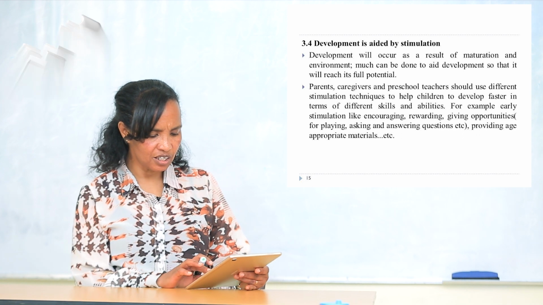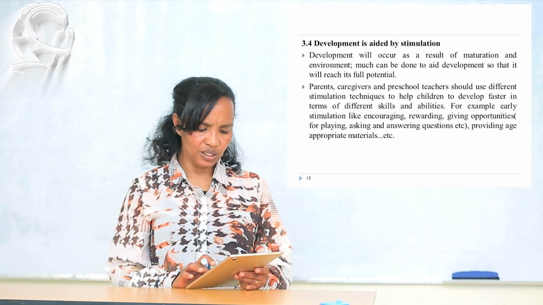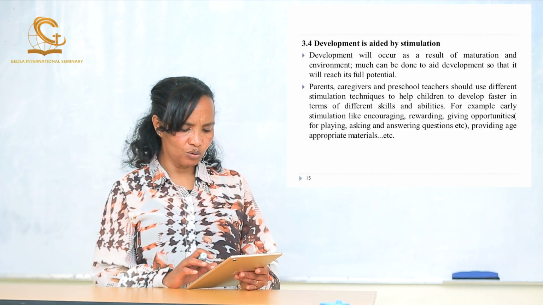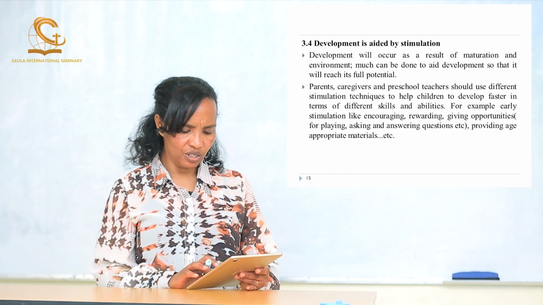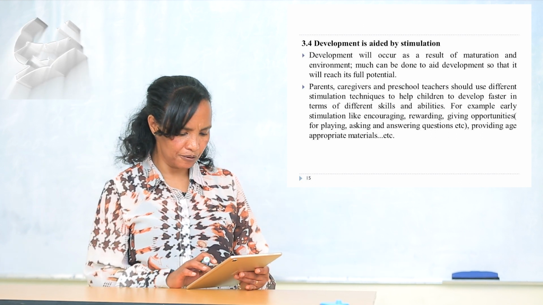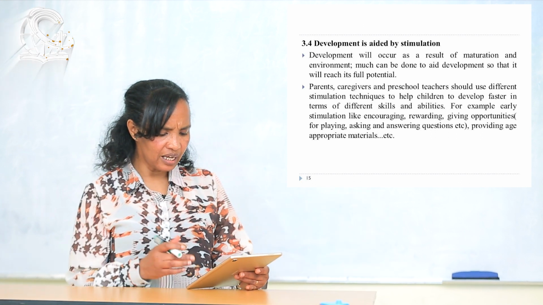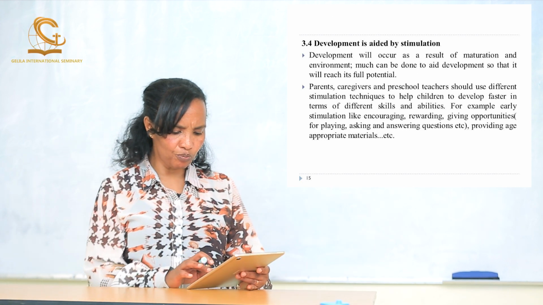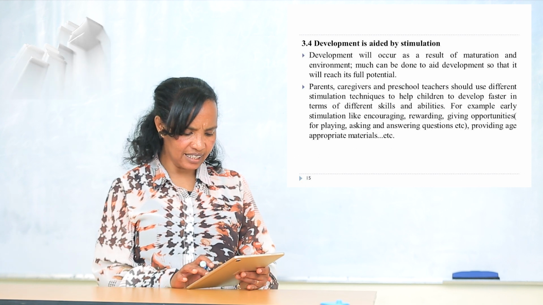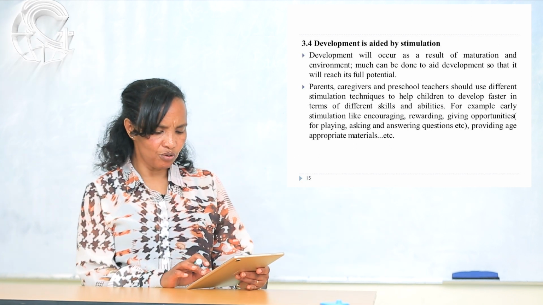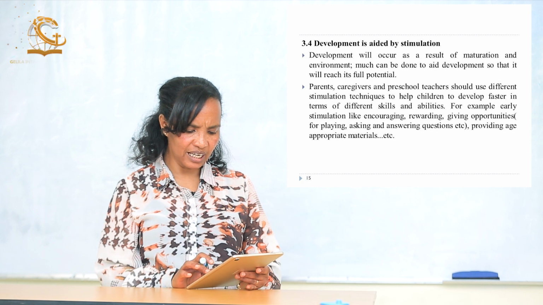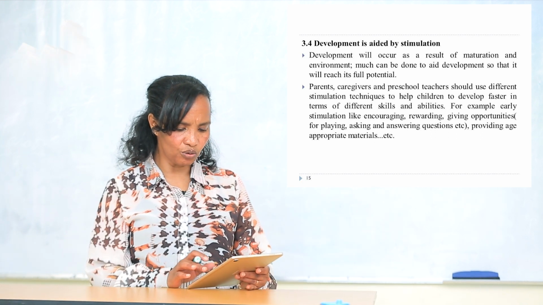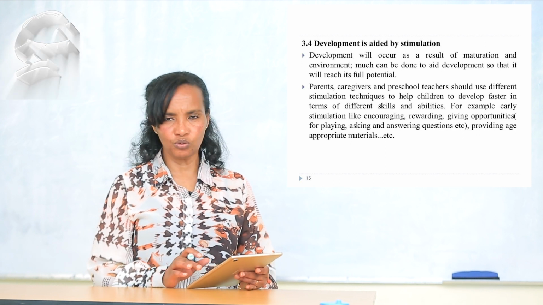Parents, caregivers, and preschool teachers should use different stimulation techniques to help children develop faster in terms of different skills and abilities. For example, early stimulation like encouraging, rewarding, giving opportunity for playing, asking and answering questions, providing age-appropriate materials, etc., are some of the stimulation that parents or caregivers can give to their children.